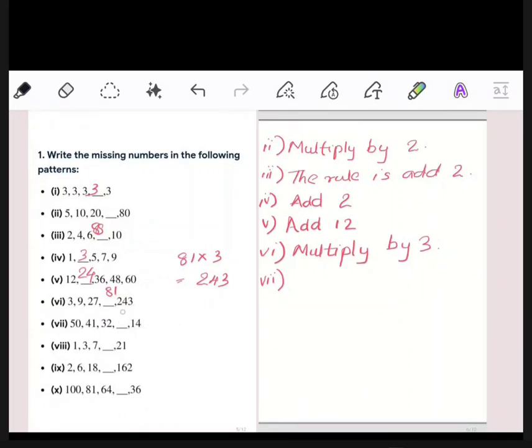So the next number is 23. We can check: 32 minus 23, here also we get a difference of 9. So the rule is subtract 9. Okay.